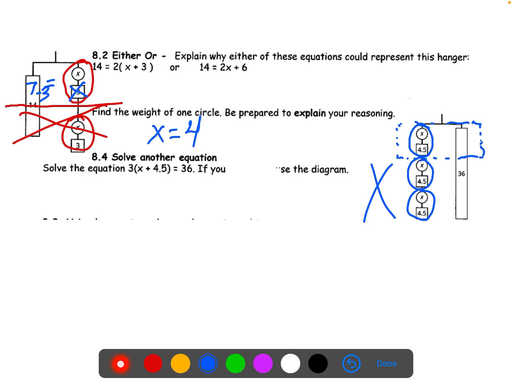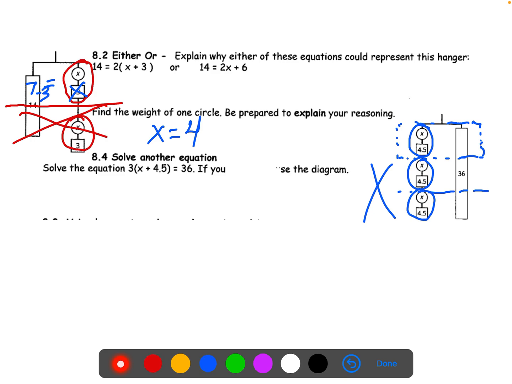To do that, we have to figure out the value of one of these groups. So if the entire hanger diagram shows that these 3 groups is equivalent to 36, then we need to divide 36 into 3 equal groups so that we can see their value. So 36 divided by 3 is 12.